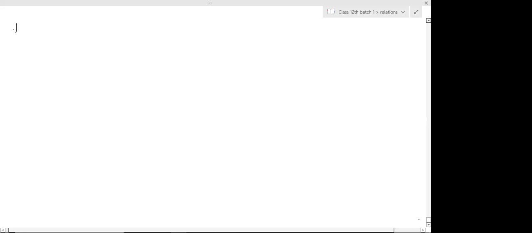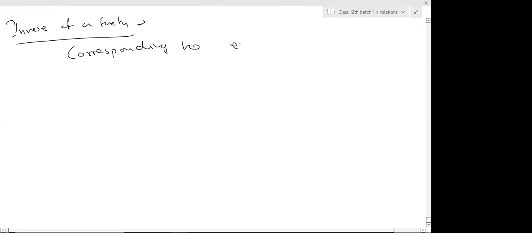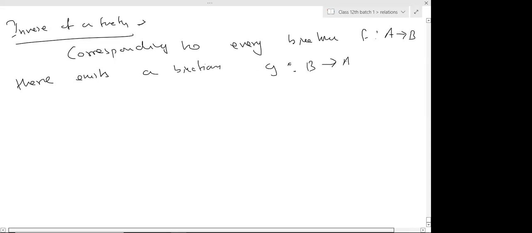Please write it down: inverse of a function. This is the definition. Corresponding to every bijection f from A to B, there exists a bijection g from B to A defined by g of y equals x if and only if f of x equals y.